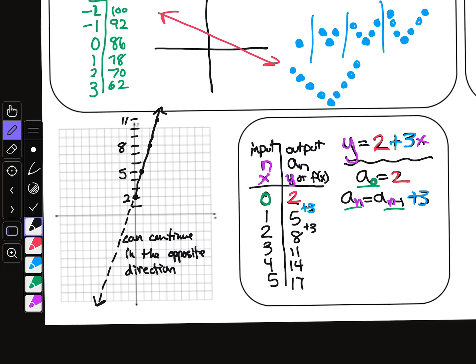Okay, so these are kind of some ways that the arithmetic pattern looks like. Okay, so remember that when we talk about its graph, the graph is simply a straight line. Okay, so that's kind of just dealing with the arithmetic pattern.